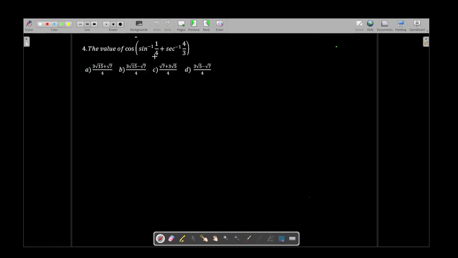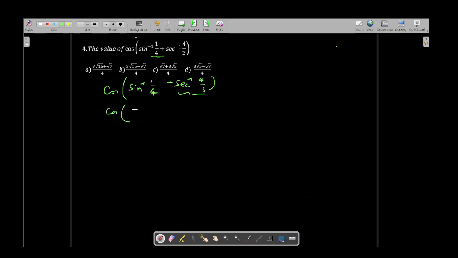Okay, now we need to find the value of this. We have cos of sine inverse of 1 by 4 plus secant inverse of 4 by 3. Is there any luck if I convert this to cos?